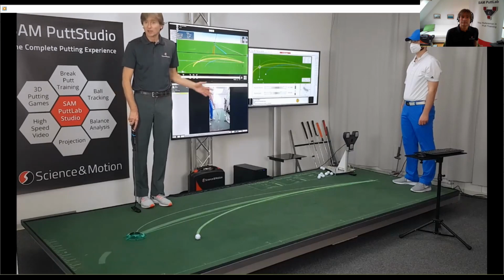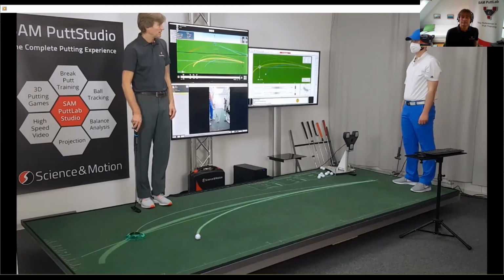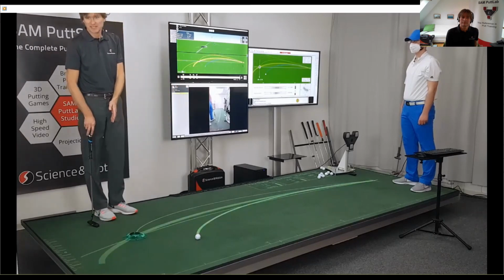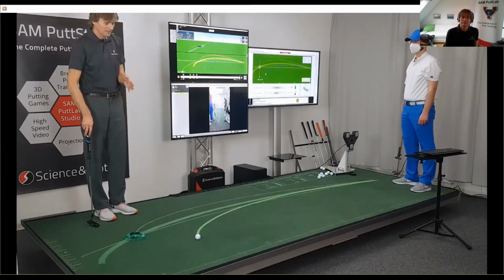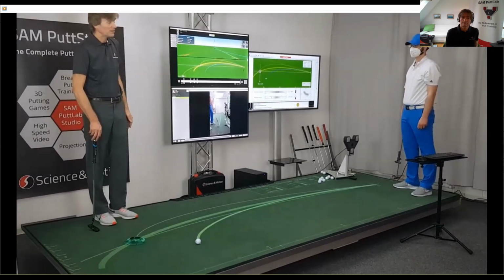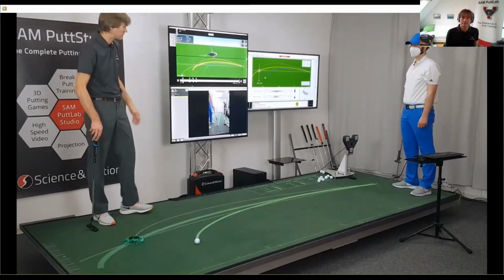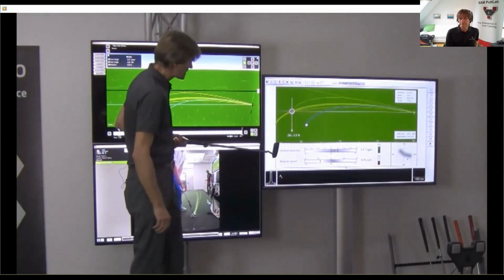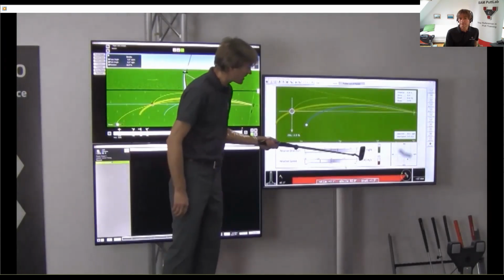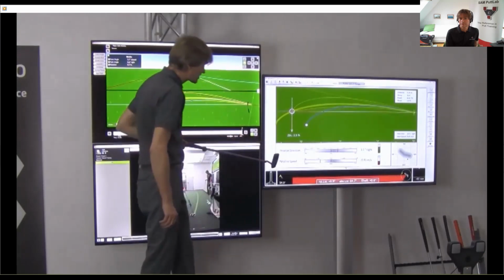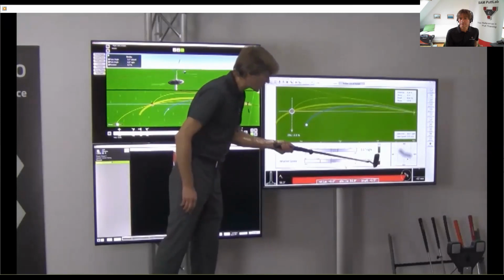It's the lack of appropriate feedback. Once you play in the SAM studio, you see different data for speed and break, and then you can find out on which side you missed more or less. And this is shown in this report. So we see that relative direction was right, with a score of 80%, and speed was slow with 49%.